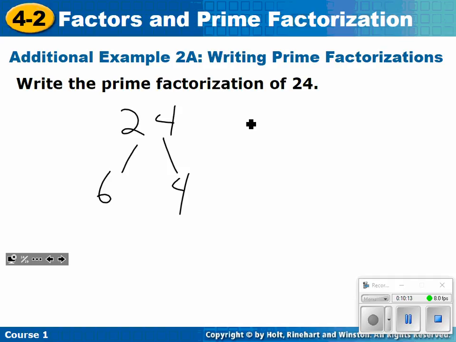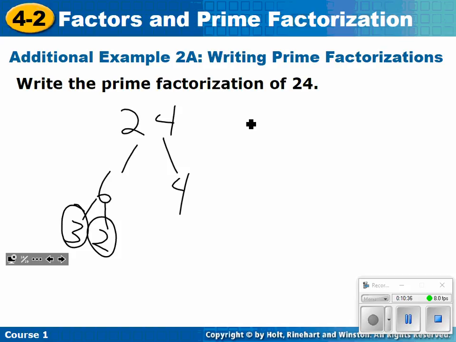No. Okay? So we still have more work to do. So let's now break down each one of these. What are two numbers I can multiply together to get 6? 3 and 2. Are either one of those numbers prime? Yes, they are. So we'll circle them.